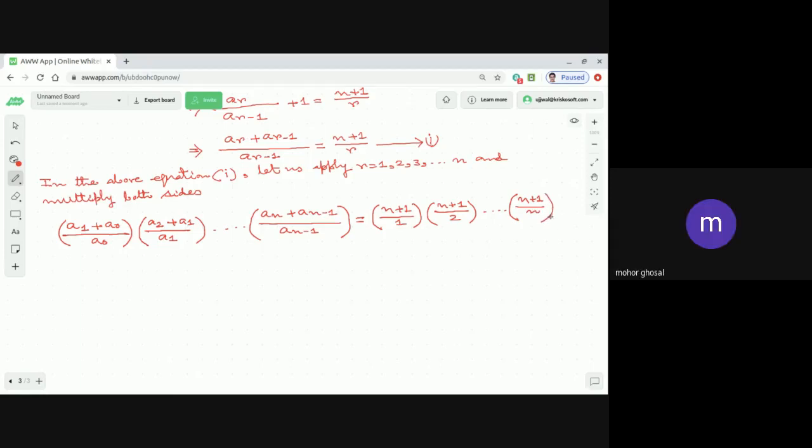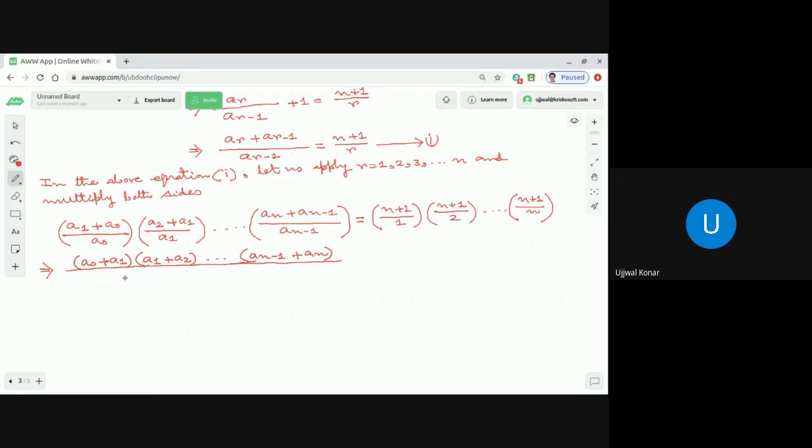That implies a0 plus a1 divided by a0, or we can do it in a little better manner. In the numerator we can write a0 plus a1 into a1 plus a2, and in that way it continues, and the last term will be an minus 1 plus an.